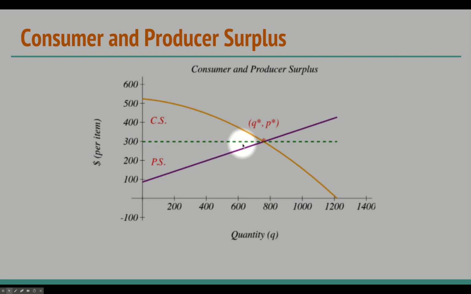We have formulas in geometry that do that for us. However, finding the area of the consumer surplus region here that I'm outlining is a little bit more challenging because this side of the enclosed region is not a perfectly straight line, and therefore you don't have a perfect triangle. So we will be using techniques of calculus called integrals or integration to find the exact area that represents the consumer surplus.